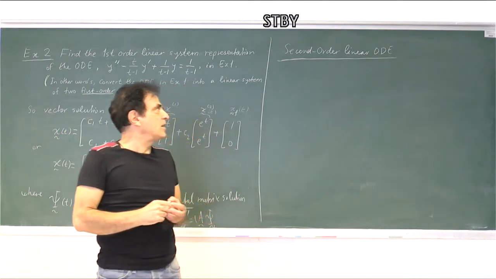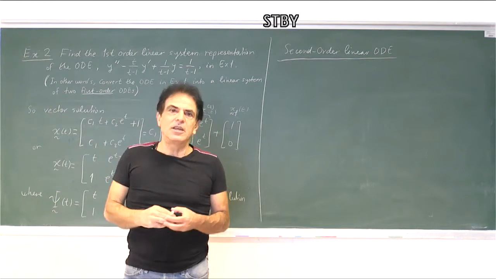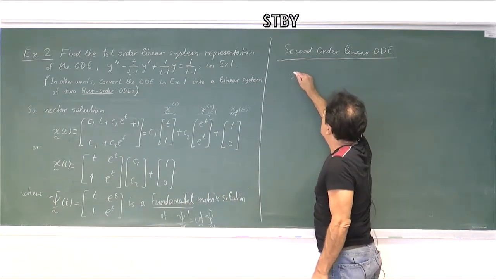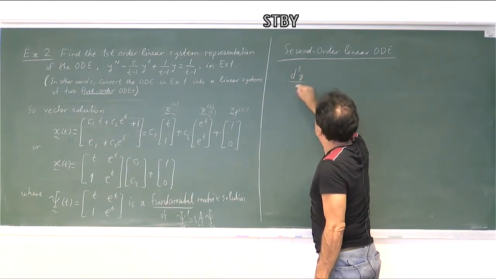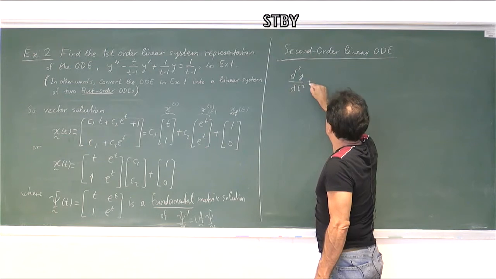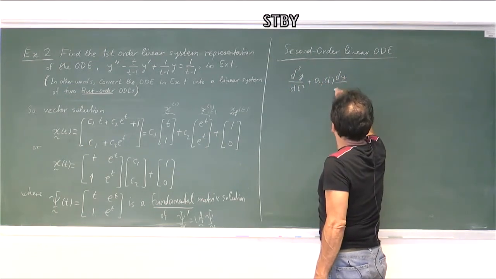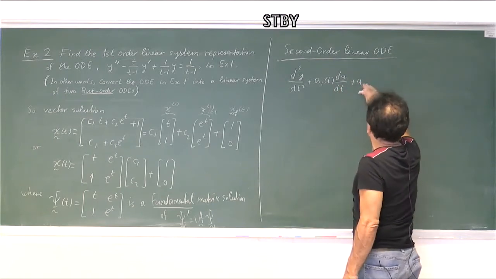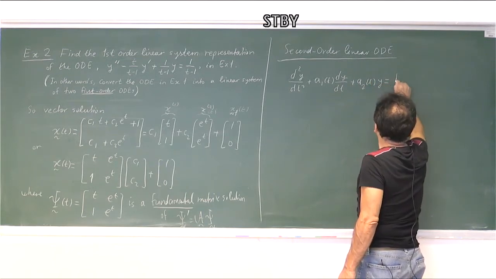It has the form d squared y over dt squared plus a1 of t dy/dt plus a2 of t y equals b of t.